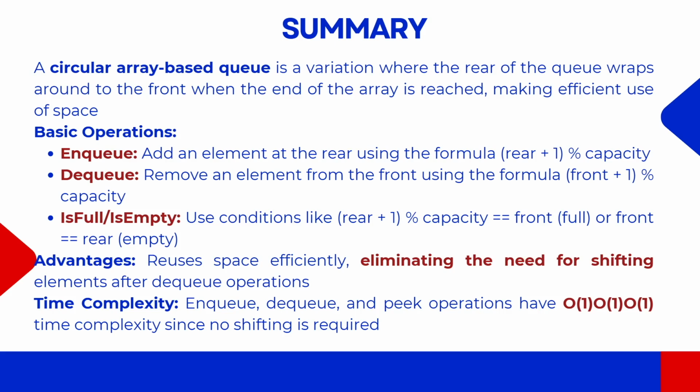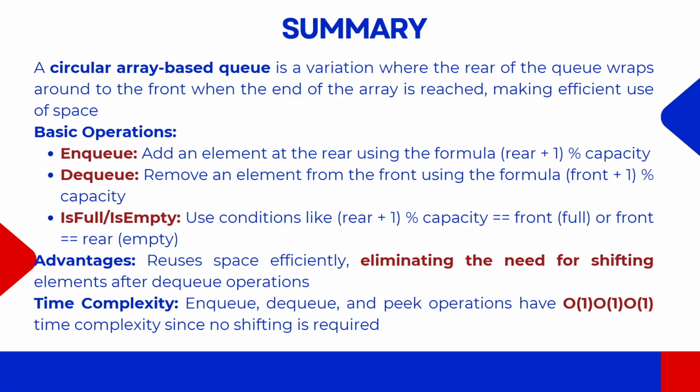We were seeing that example where both rear and front have the same value, and at that point we said we have reached the maximum size. Similarly, with circular array implementation, we check whether rear plus 1 mod capacity is equivalent to front. If so, we stop, and we may have to double the size of the array.